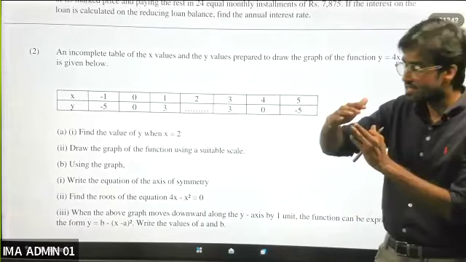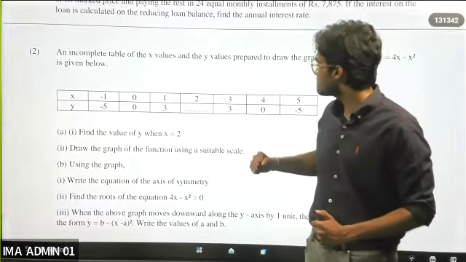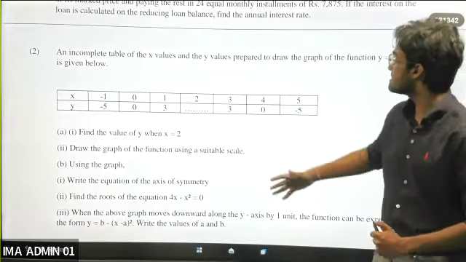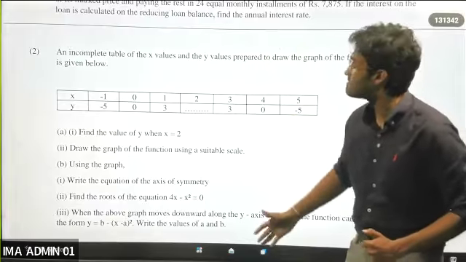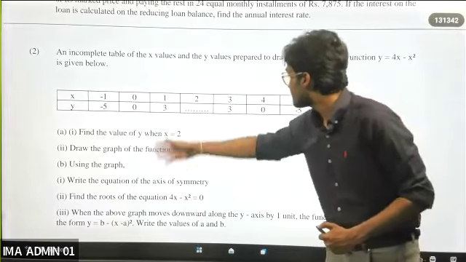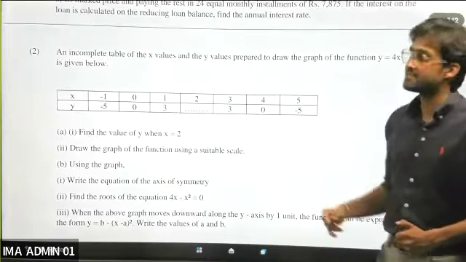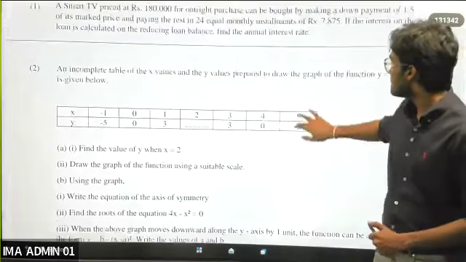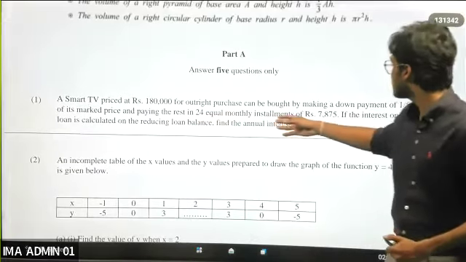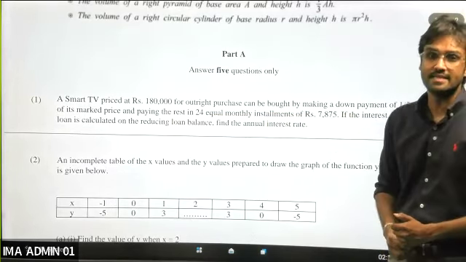The question itself is divided into parts, which makes it much easier to understand what end result we are calculating. If they straight away asked to derive this value from this graph, it would be difficult. Even in this one, they are straight away asking us to give the final answer, find the annual interest rate.